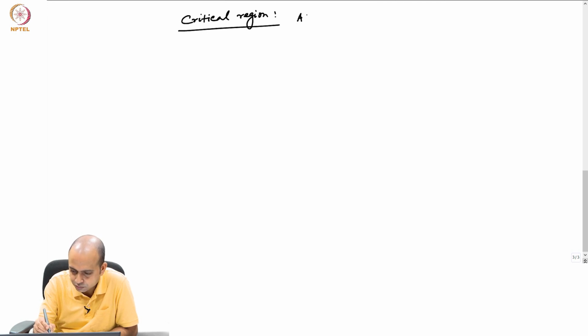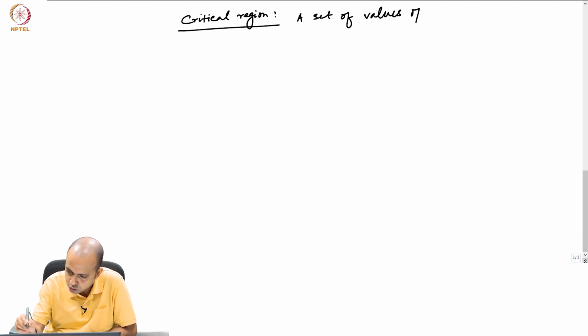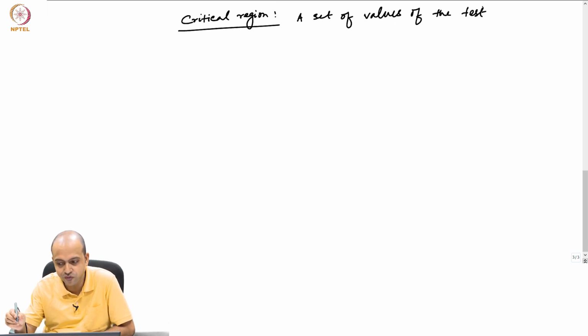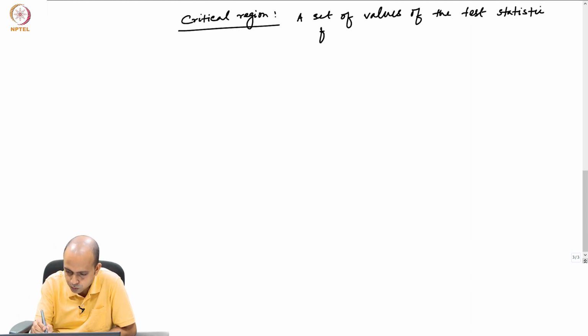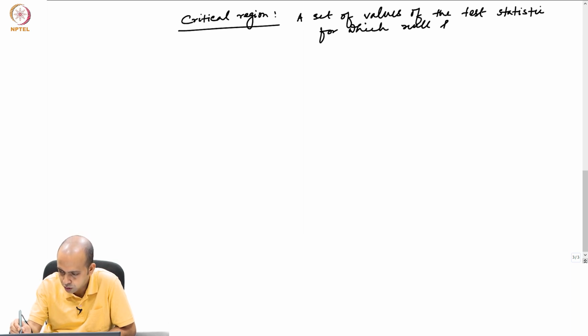A set of values of the test statistic for which the null hypothesis gets rejected.